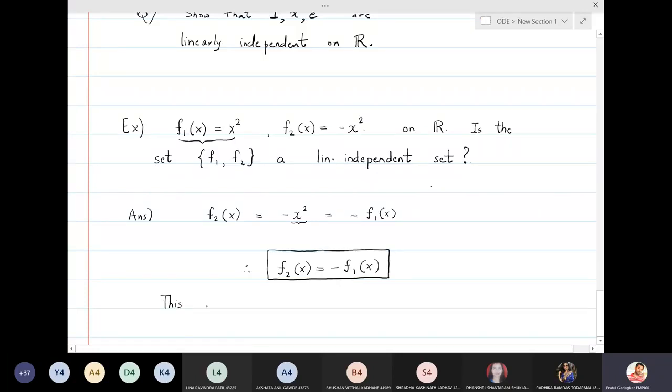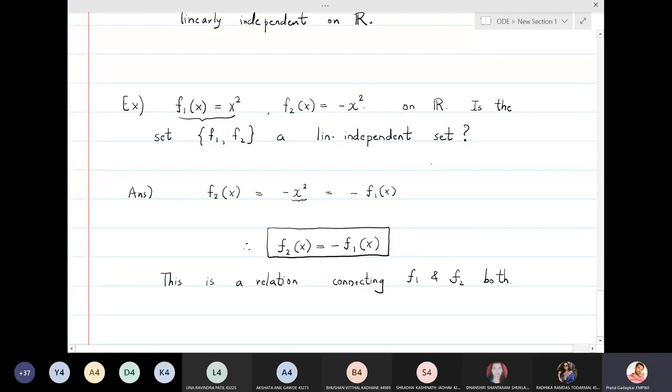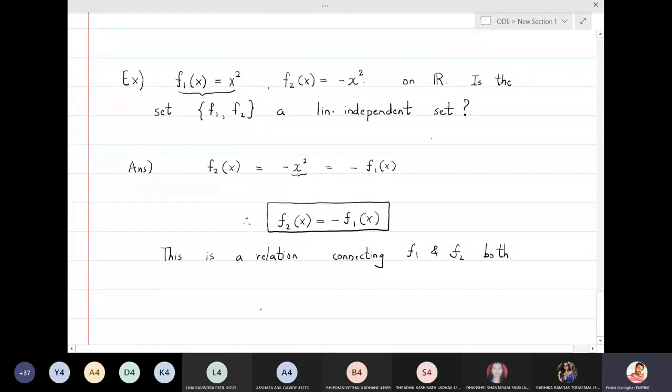It is telling us that f2 should be the negative of f1.